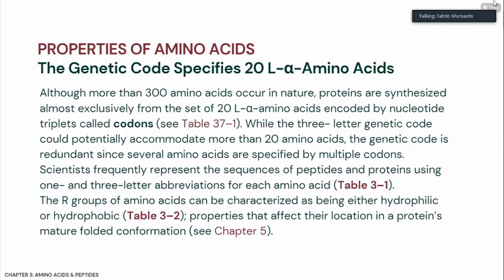Now, this codon, as I mentioned, is a 3-letter code. And of course, you know what those letters are. The letters are the first letter of your pyrimidines and your purines. And your purines, you have adenine, guanine.